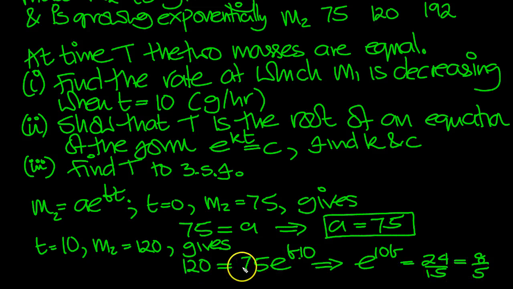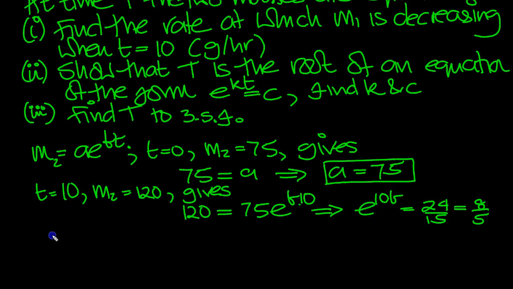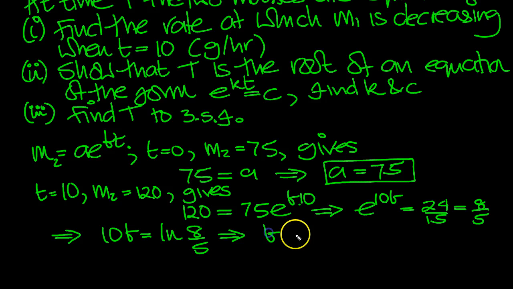Actually 120 over 75 is 8 over 5, so I could have divided by 15 straight away. So now we know, taking logs, that 10b is equal to ln of 8 fifths, and that tells us that b is equal to 1/10 ln of 8 over 5. So there's b.